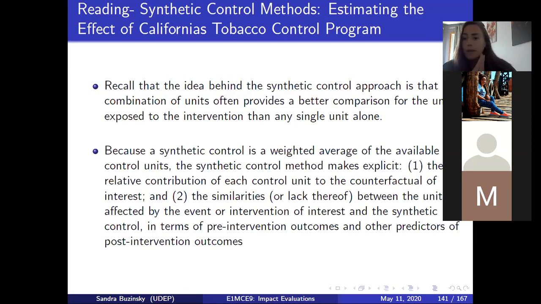Because what is the probability that one treated unit will be similar to one untreated unit compared to 20 other untreated units that we can combine in such a way to optimize their similarity to the treated group, right? It's just way more likely that when we have more data points, we'll be able to create a better comparison group than just using one group alone. So that's really the reasoning of a synthetic control.